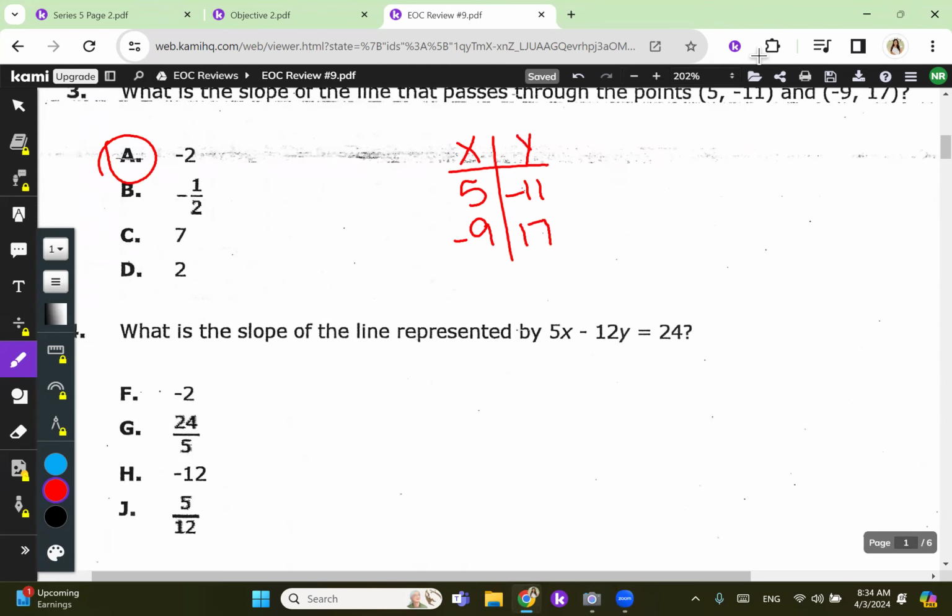Now, how do you find the slope of a line when the equation's not in y equals form? What would you do? Solve for y. Yeah, sometimes there's just no way around it. There is no calculator trick on solving for y. You have to know how to do that.